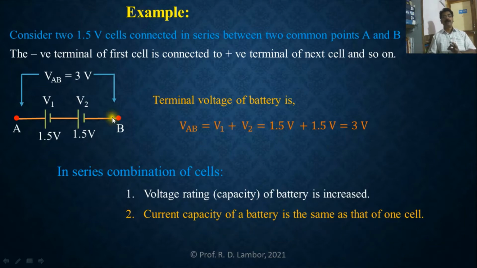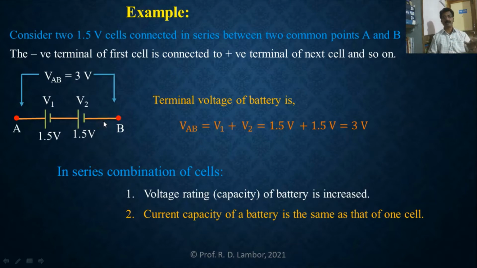Now, the effective internal resistance of this combination, because each cell has its own internal resistance. As the cells are in series combination, their internal resistances will also be in series combination. Then what will happen to the effective or equivalent internal resistance?